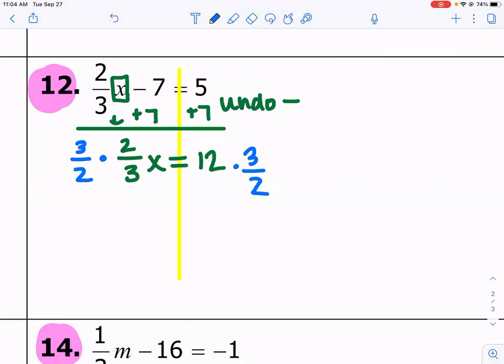If you have a fraction multiplied to your variable, then we multiply by its reciprocal, because Tyler, what's 3 times 2? What's 2 times 3? What's 6 divided by 6? Oh, so they cancel out.